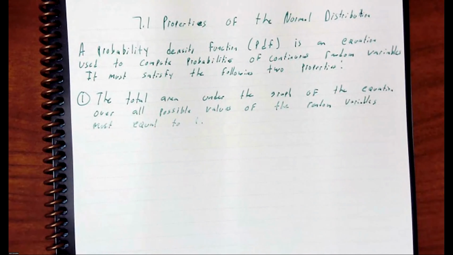So the total area underneath the graph for this equation over all possible values of the random variables must equal to 1. So it's related to probability. Remember we said the sum of all probabilities must be 1. Very similar, it's just in terms of a function and a graph. But it's all related.